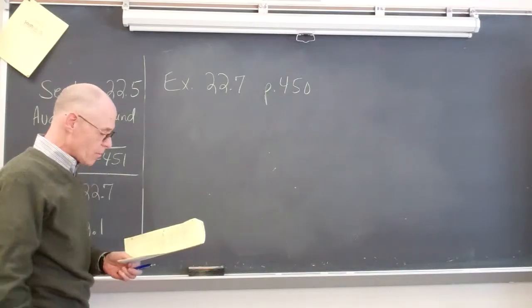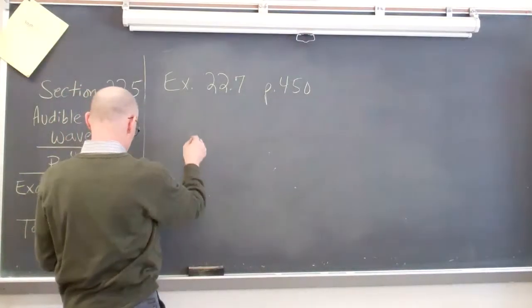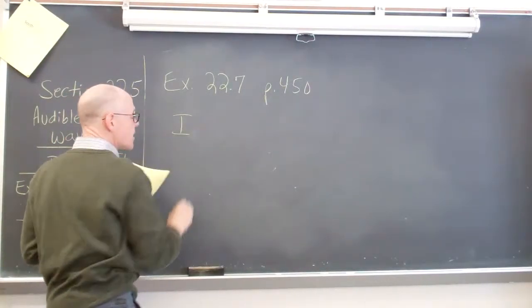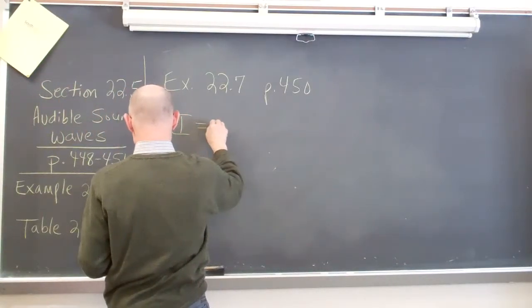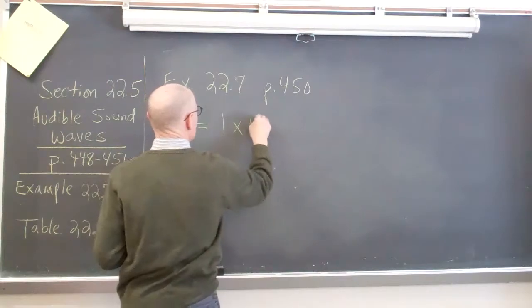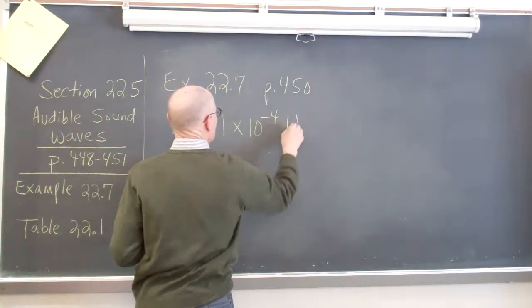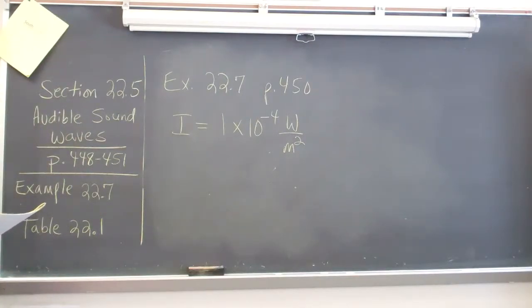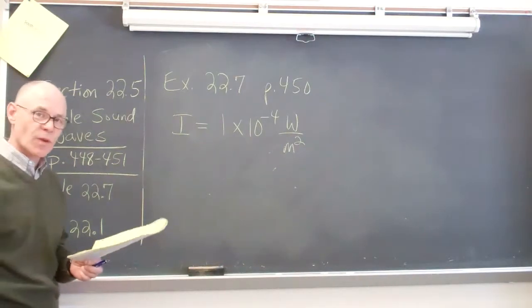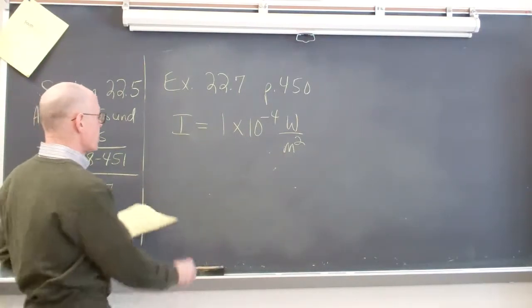So in this example, you are given the intensity of a sound as 1 times 10 to the minus 4 watts per square meter, and you are asked to calculate the intensity level, which would be in decibels.